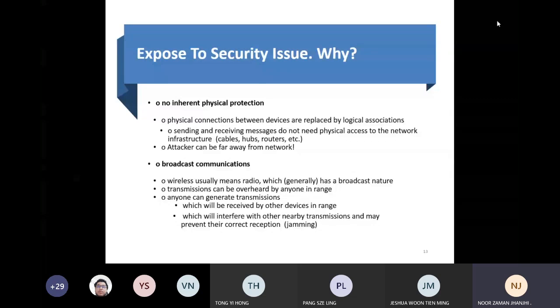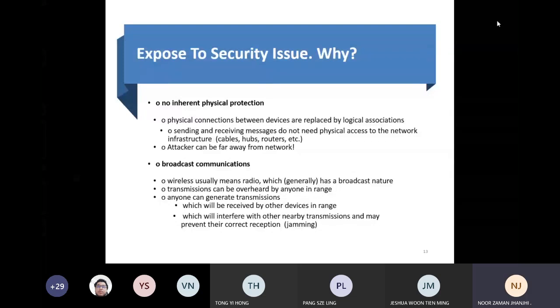For sure, your traffic goes using these things, but because they are using the open medium, attackers can be far away in the case of physical protection or the conventional network, but here they have the chance to catch your data and have access to your data. Normally, wireless networks are radio networks.